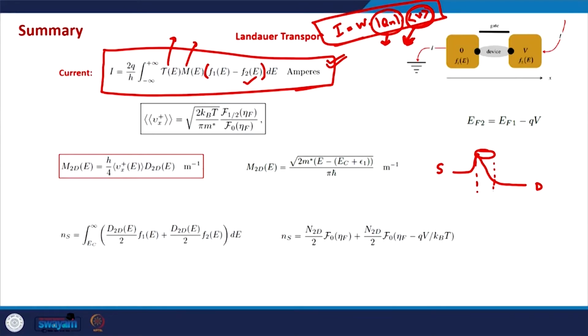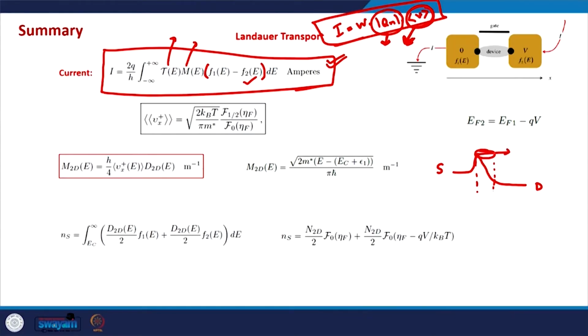That way we are able to get the entire picture, but this discussion of ours, in which we have tried to understand the Landauer transport model and apply it to the MOSFET, gives us a very good set of tools. It gives various concepts that help us understand the IV characteristics of modern MOSFETs very well, and here the velocity we are mostly concerned about is the velocity at the top of the barrier.